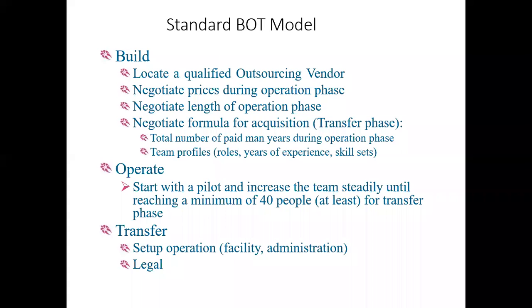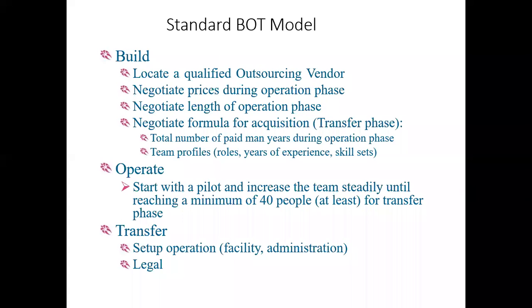And the standard condition is that until reaching the minimum of 40 people for the transfer phase. So whenever that transfer phase is there, at least at that time, 40 people should be required to work here.